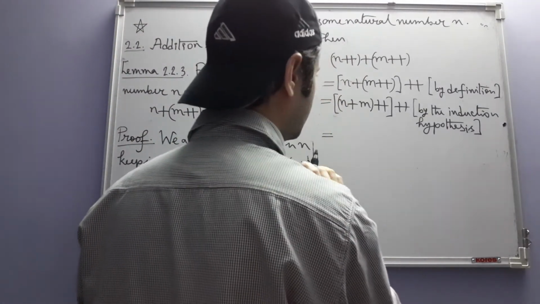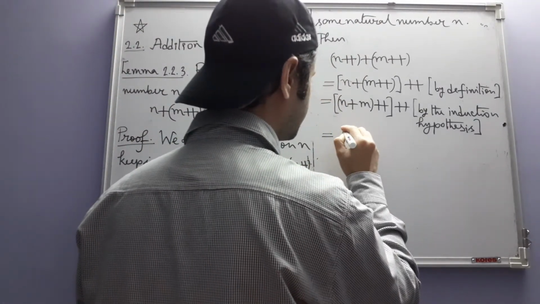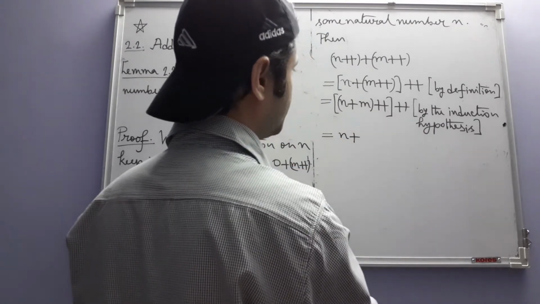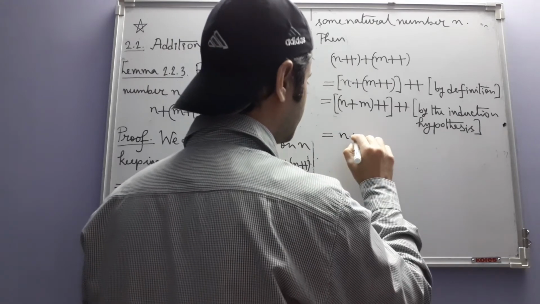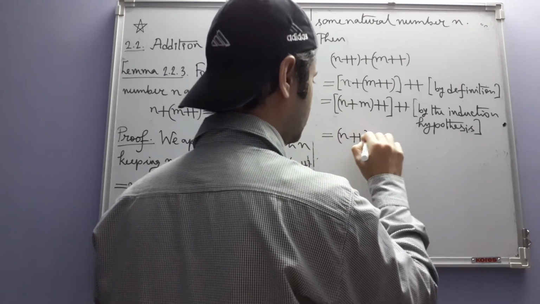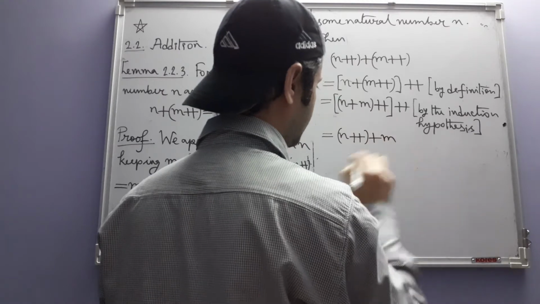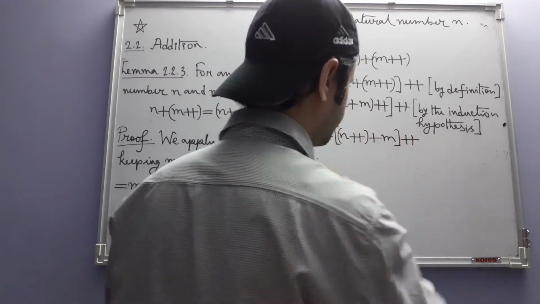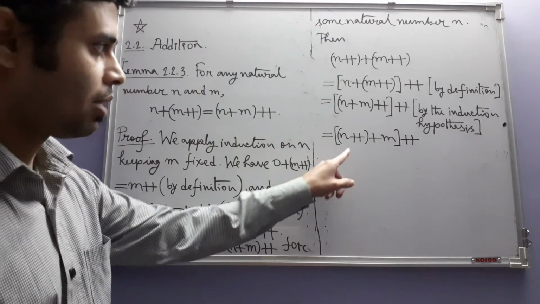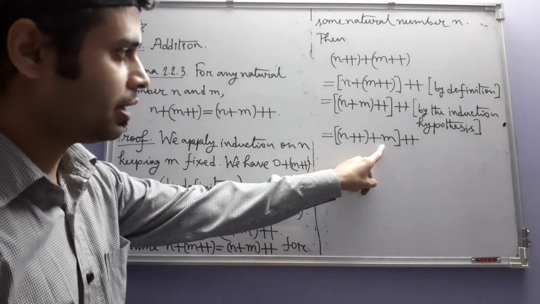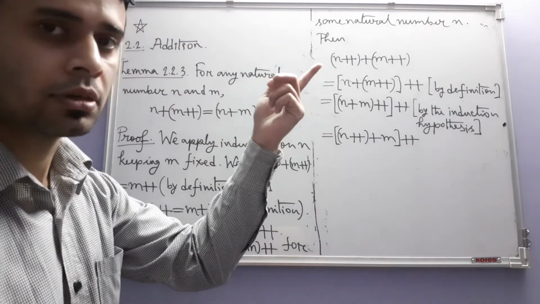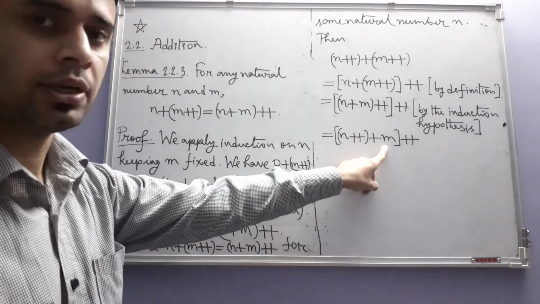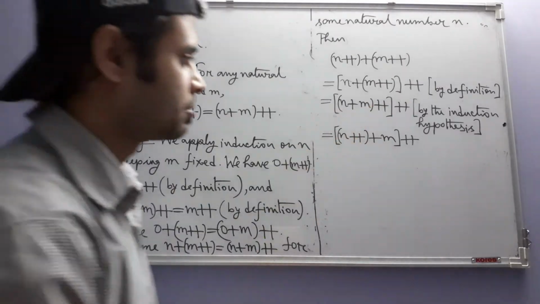So if I write n plus plus plus m, what have I done here? Here I am again using my definition of addition of natural numbers. Adding the successor of something to a natural number is this.